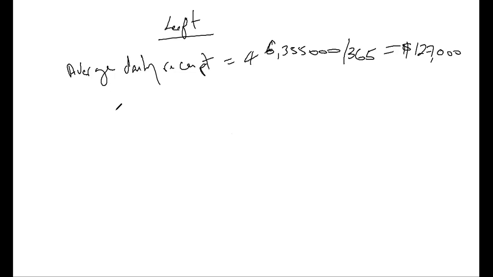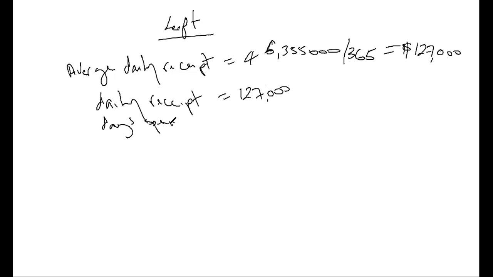The daily receipt is 127,000 because we have just found it, and we also know that the days sped up would be 2 days.